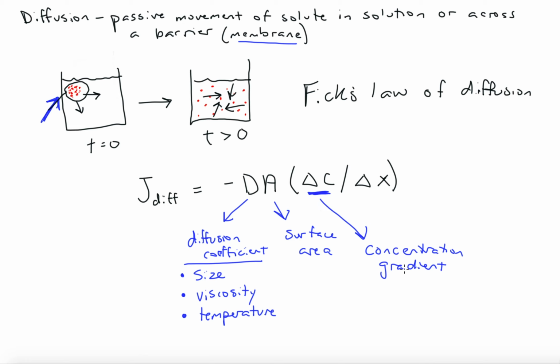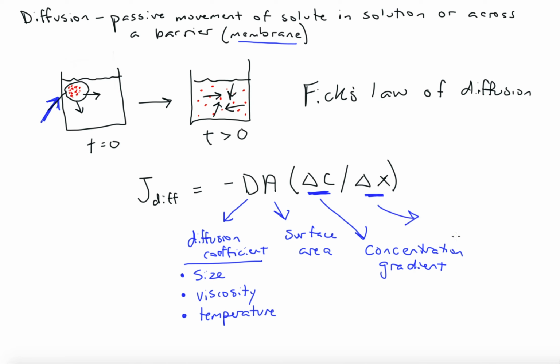And again, the bigger the concentration gradient, the faster the diffusion. We'll come to that when we talk about capillary exchange or how the lungs work, and having a large enough gradient to drive rapid diffusion. It's really important.